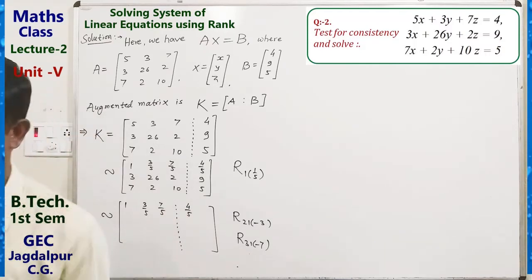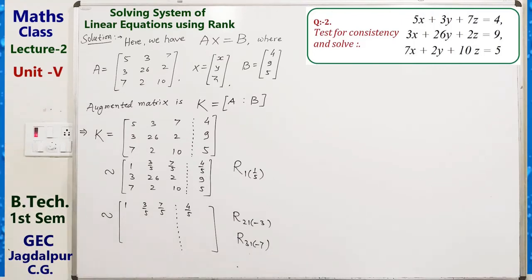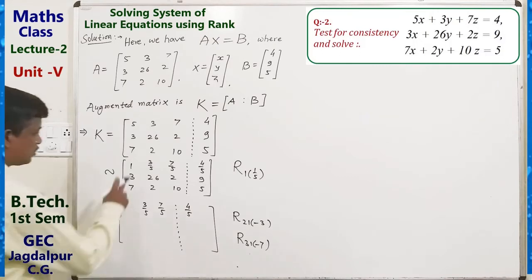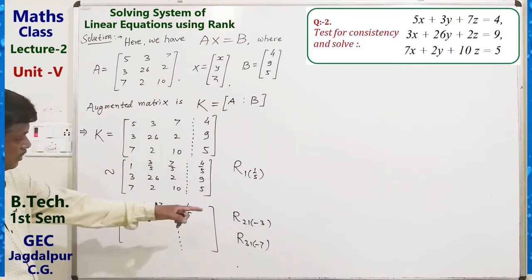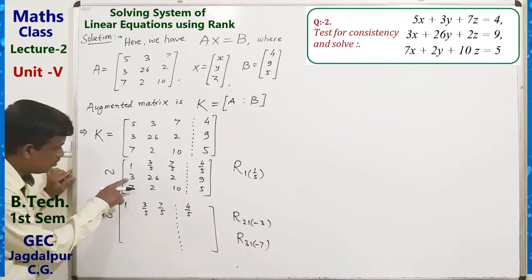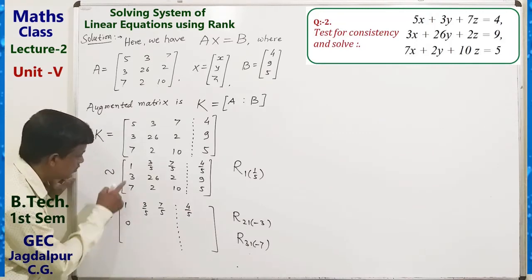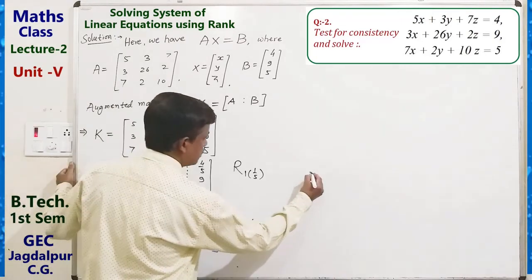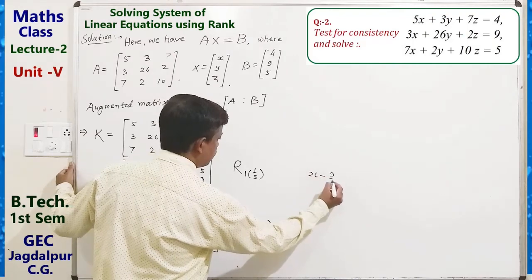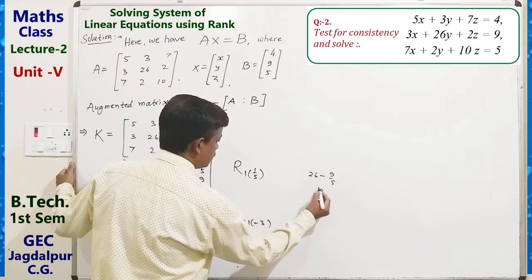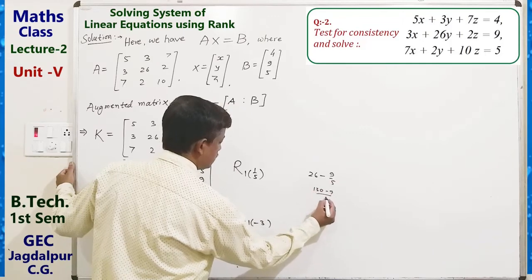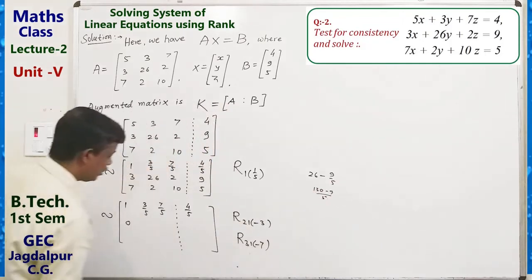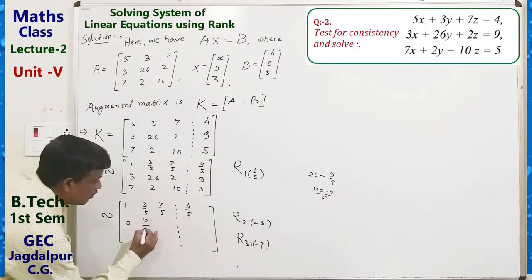Clear? The first row is this. Now the first row is multiplied by 3 and subtracted, so here 0, then 26 minus 9 by 5, which is 121 by 5.